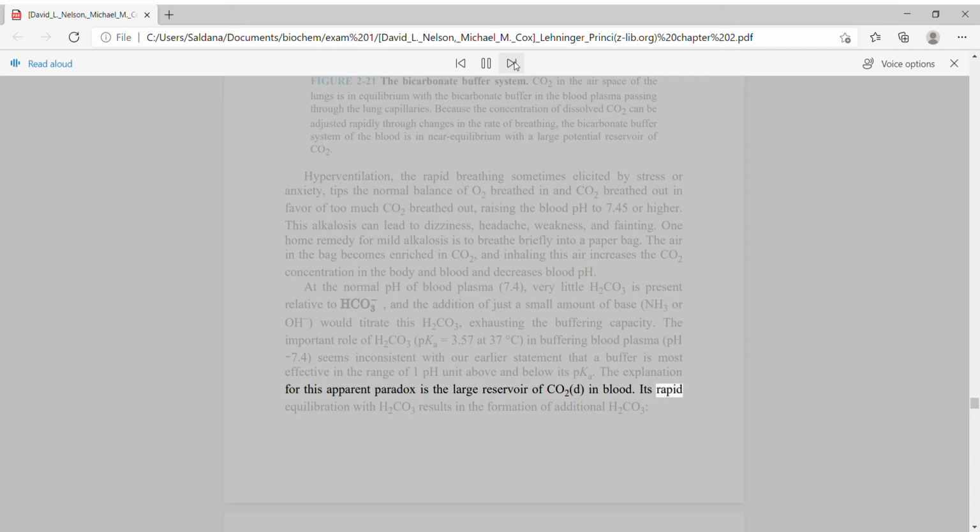Its rapid equilibration with H2CO3 results in the formation of additional H2CO3. It is useful in clinical medicine to have a simple expression for blood pH in terms of dissolved CO2, which is commonly monitored along with other blood gases.